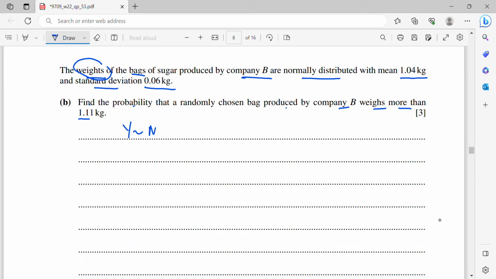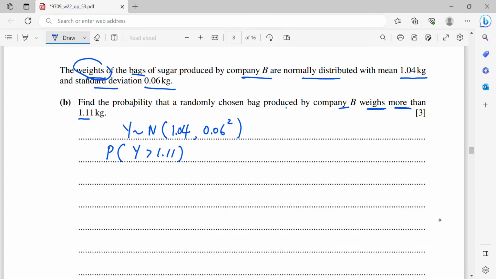So Y is normally distributed, 1.04 mean, and the standard deviation 0.06. Now we need to write down the square of this because it is the variance. And now to count the probability that the weights are more than 1.11 kg, it means that Y more than 1.11.